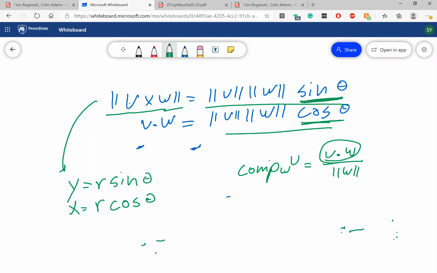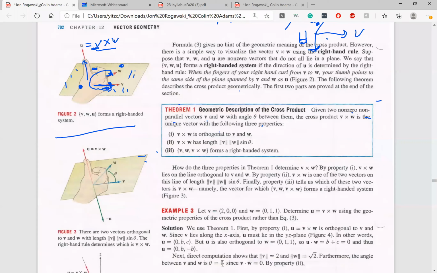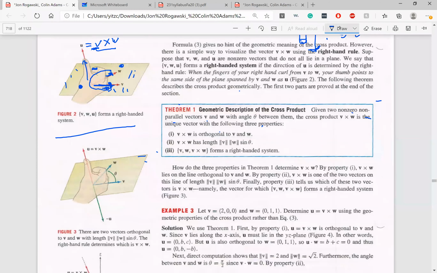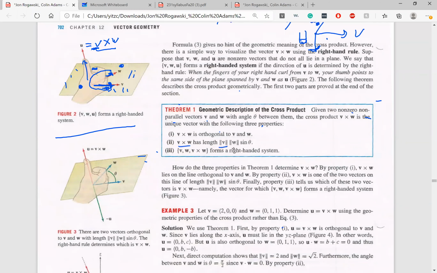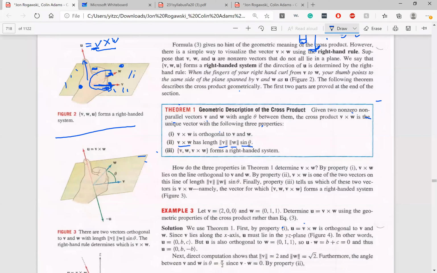In a similar way, we're going to use sine to try to find y. So the length of V cross W is the magnitude of V times the magnitude of W times sine theta.